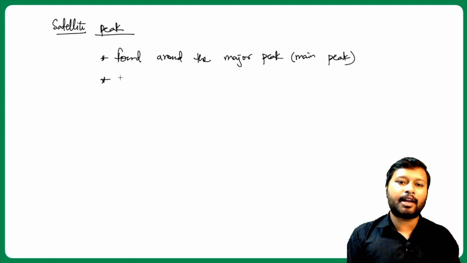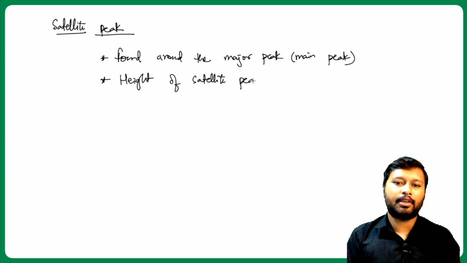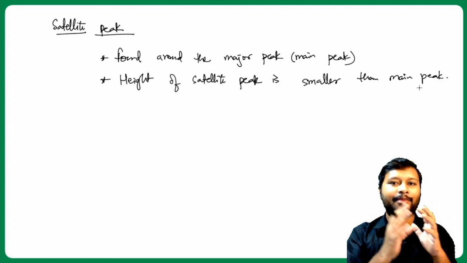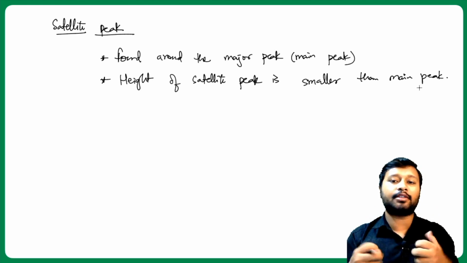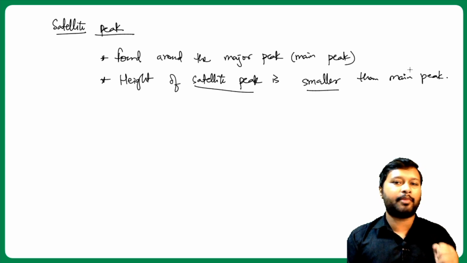The second thing is that the height of the satellite peak is smaller than the main peak. Just like the satellite of Earth, which is the Moon, is smaller than the main heavenly body, the Earth, in the same way the height of the satellite peak will be smaller than the main peak.